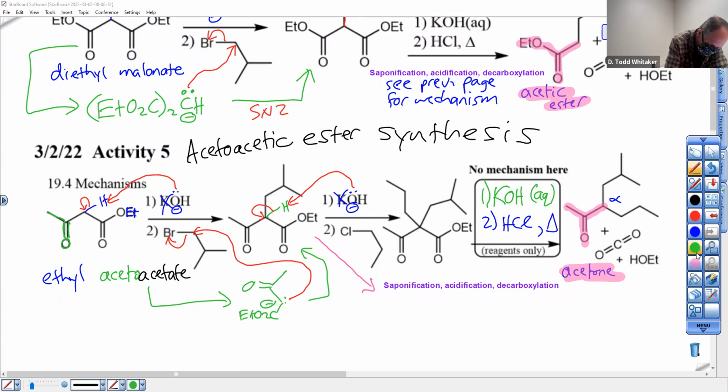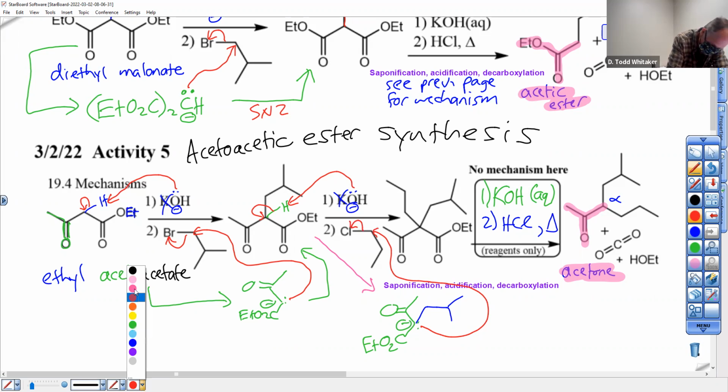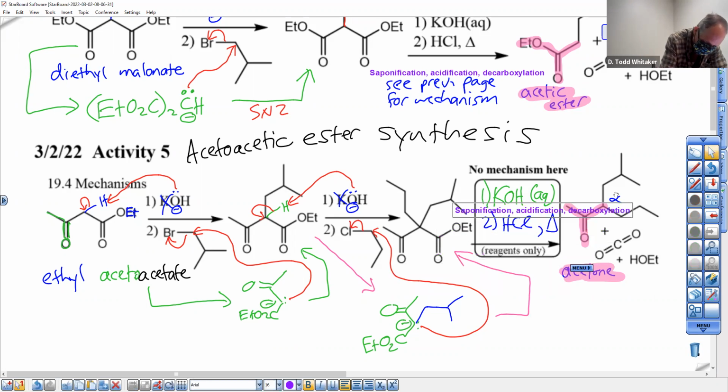I get the green. Lone pair, backside attack. Leaving group leaves. End of story. Double synthesis. Beautiful.